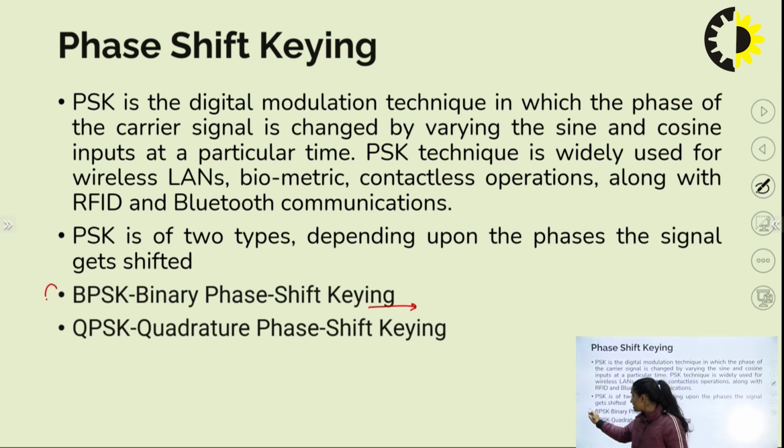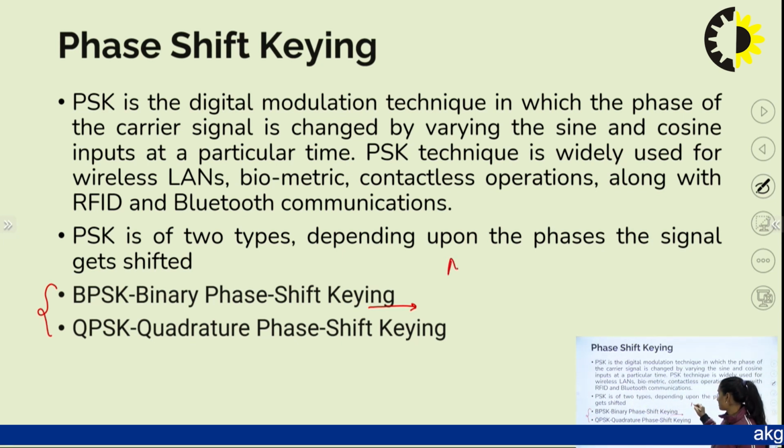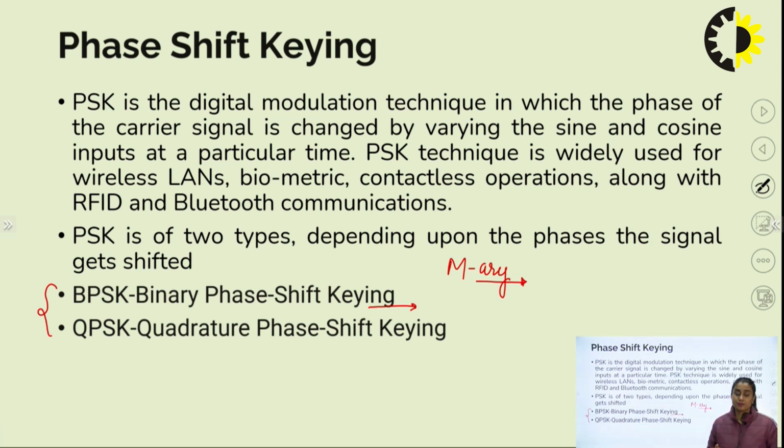We study these shift keying techniques under the topic M-ary. What does M-ary modulation mean here? Here, my number of variations will depend on the number of bits I consider at a time, right?